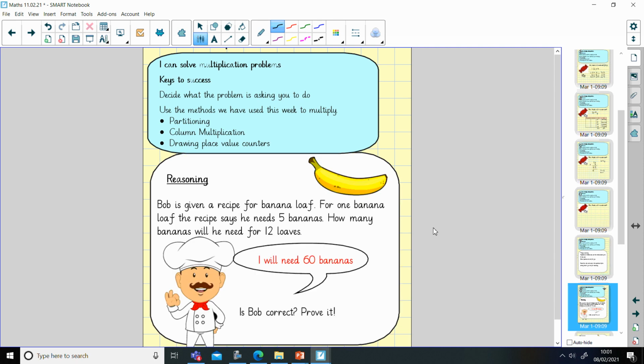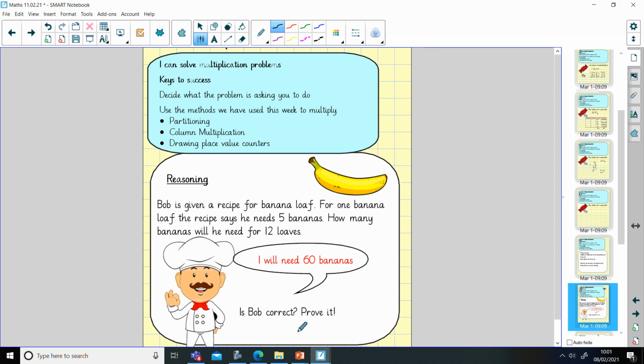Okay, here's our reasoning question. So here's Bob, and Bob has been given a recipe for banana loaf. For one banana loaf, the recipe says he needs 5 bananas. How many bananas will he need for 12 loaves? And Bob thinks he will need 60 bananas.